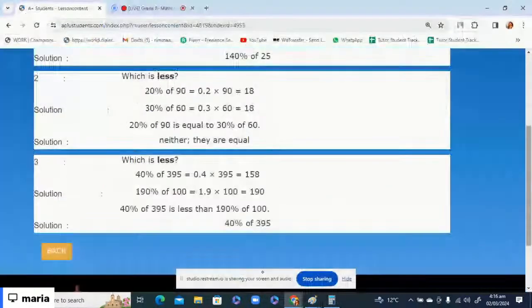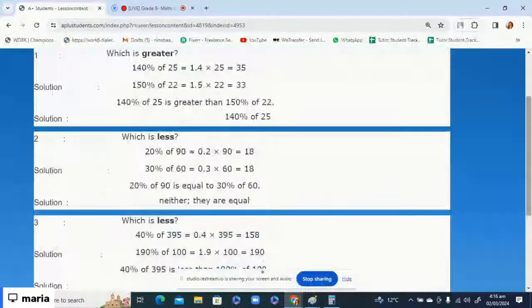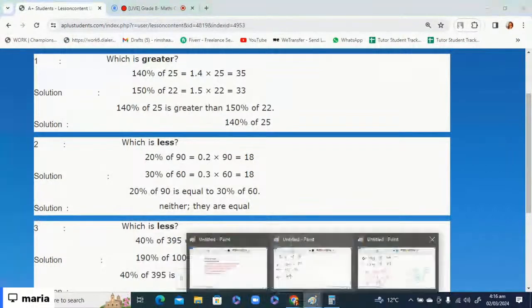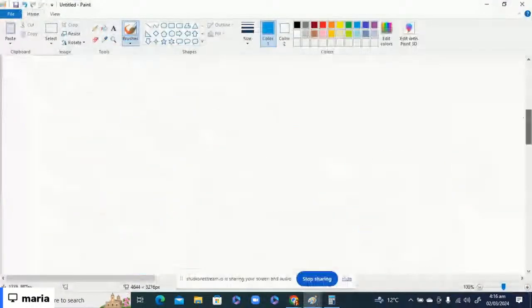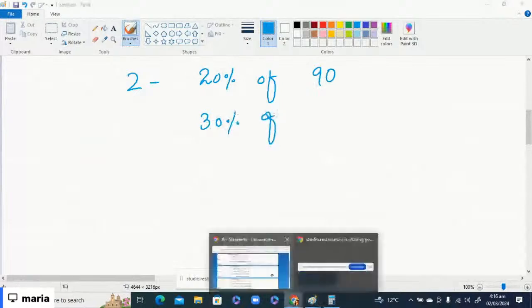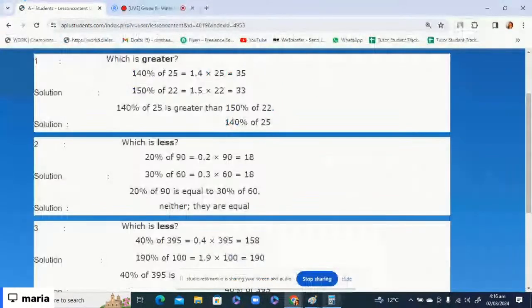Now let's check which is less. We are doing 20% of 90 and 30% of 60. 20% of 90, 30% of 60.